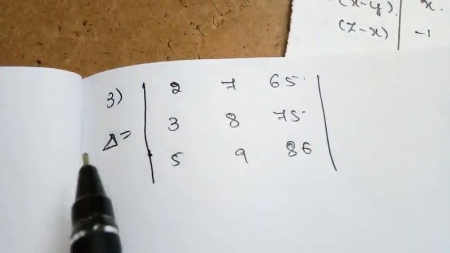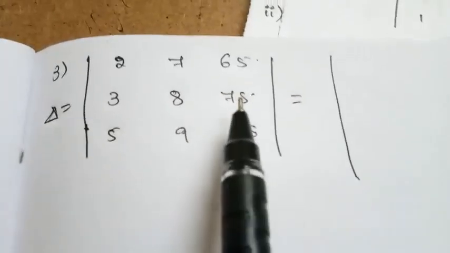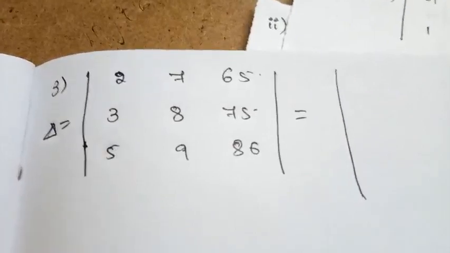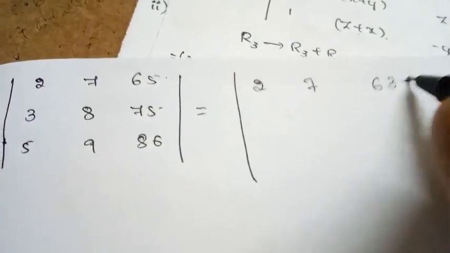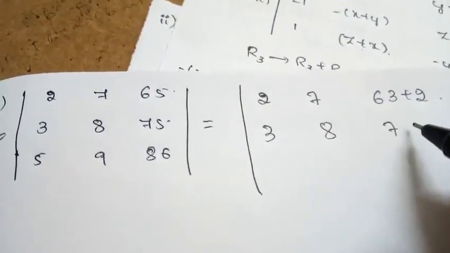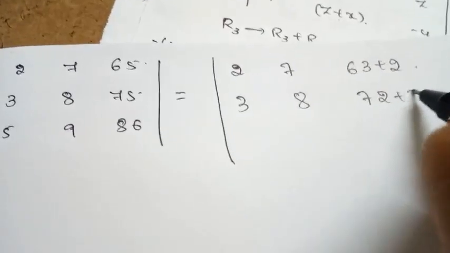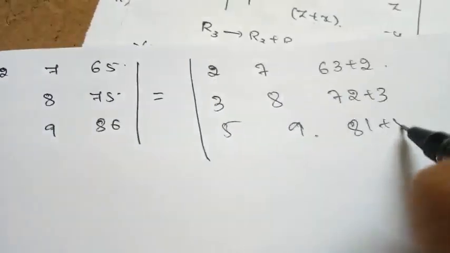I call the LHS delta first. Now how can I write this? One thing that comes to mind is that I should build some relation between any 2 rows or columns. So I look into each column: 2, 7, I can write 65 as 63 plus 2; 3, 8, I can write 75 as 72 plus 3; and 5, 9, 86 as 81 plus 5.